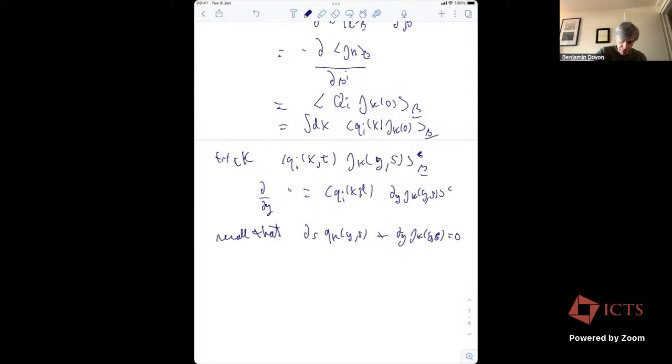And so, in other words, this thing is now equal to minus q_i(x, t) d/ds q_k(y, s), connected.